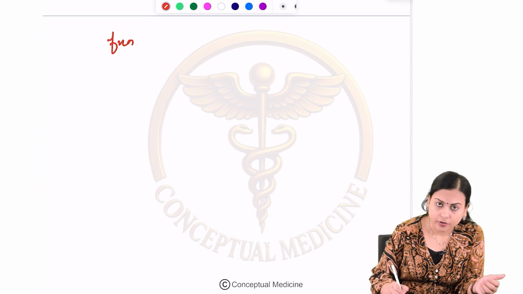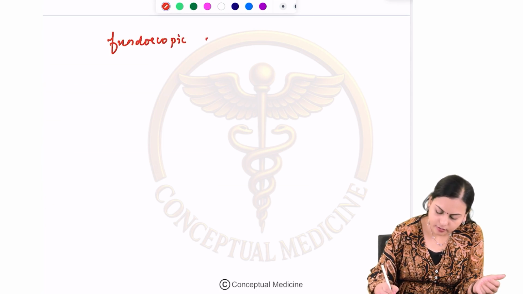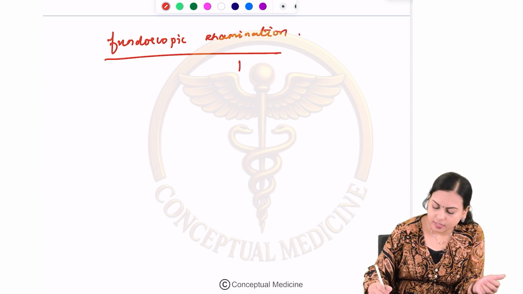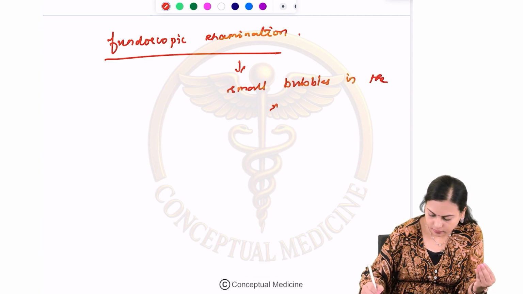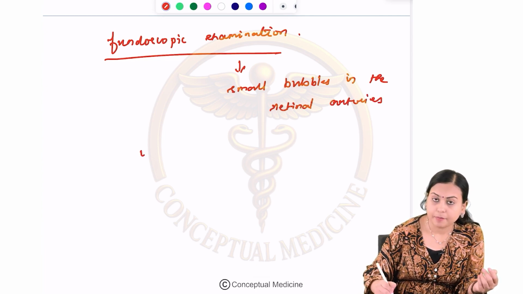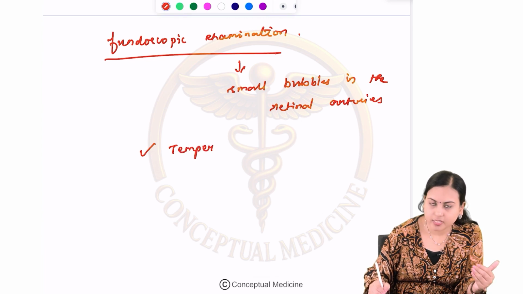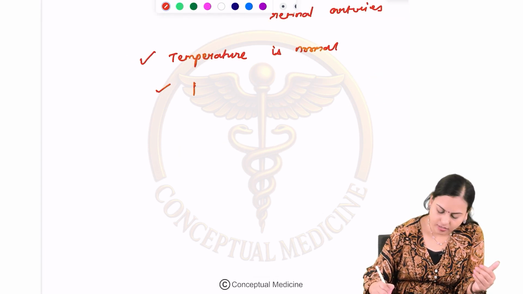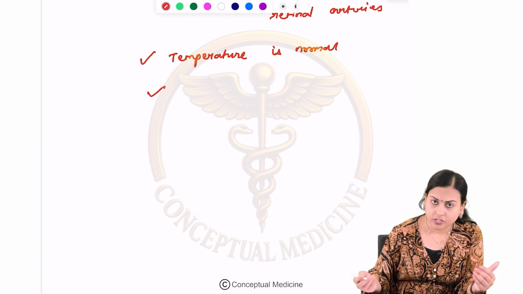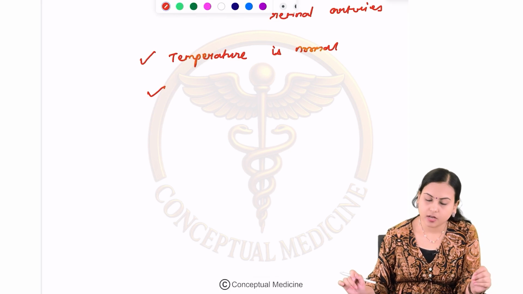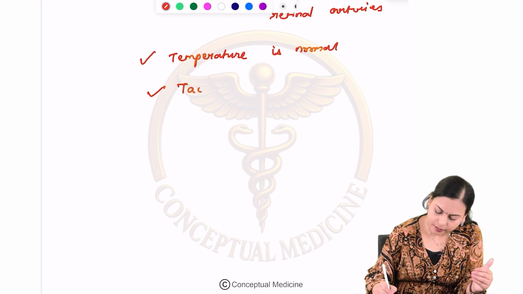If you do a fundoscopic examination, you will be able to see some small bubbles in the retinal arteries. Temperature in most of the cases is normal. The patient can be tachypneic.